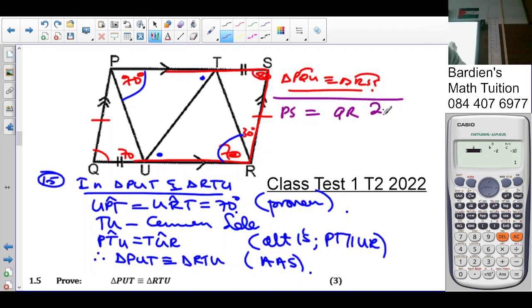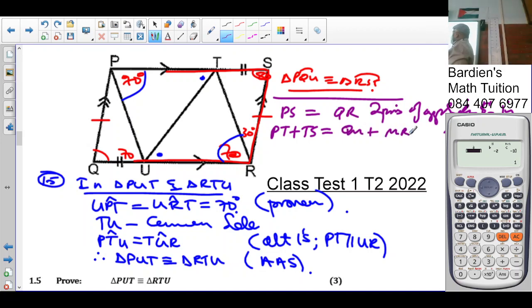Because I have two pairs of opposite sides equal in a parallelogram. But PS is made up of PT plus TS, and QR is made up of QU plus UR. I think somebody did this method. But we know that QU is equal to TS.